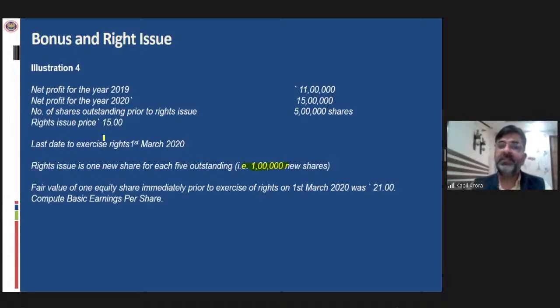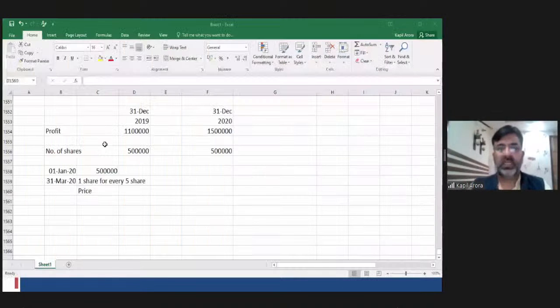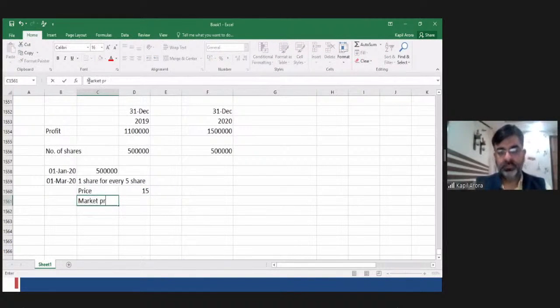The price which we have given to the right issue is 15, whereas the market price was 20. So the right issue was done on 1st March. I have wrongly considered 31st March. Okay. So the price is 15, whereas market price is 21.